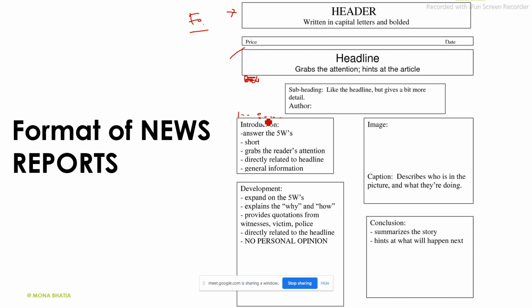Everybody cannot understand the jargons in the news reporting, so it's better to avoid that. All right. And it is preferable to use active voice in a report than a passive, wherever it can be done. If you can use the active voice, it's advisable to go for the active voice.